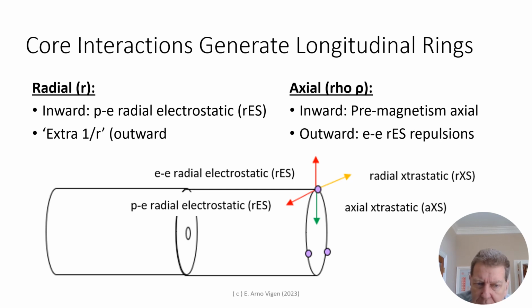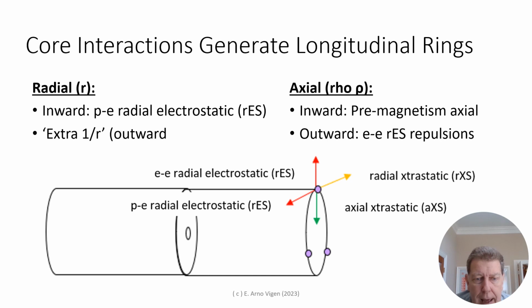But there's also this extra 1 over r. So there's an additional force from the nucleus outward. And so this inward versus the outward basically finds a balancing point, which is the Bohr radius. However, it is a mechanical one. It is static. And that's why I call this extra 1 over r extrastatic, radial extrastatic.